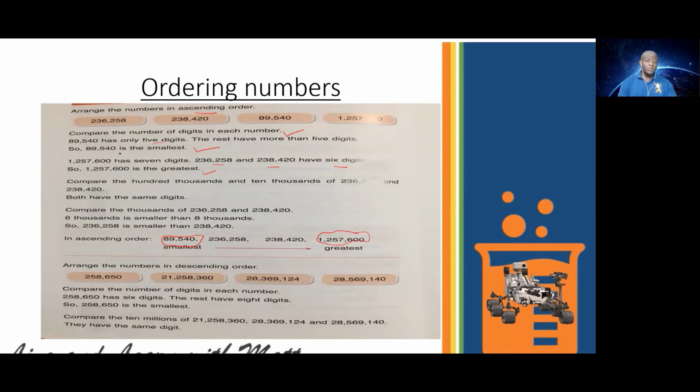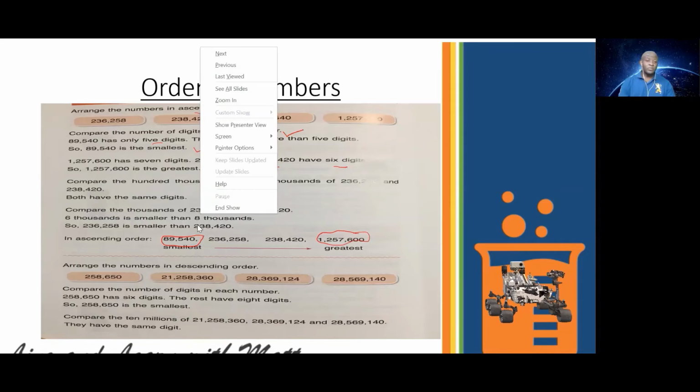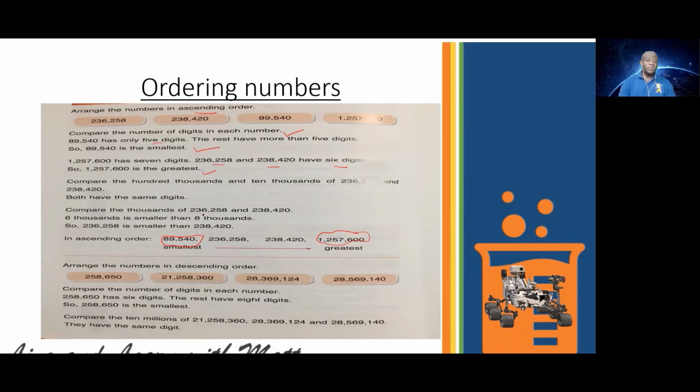Compare the thousands of this number and this number. 6,000 is smaller than 8,000. So we say 236,258 is smaller than 238,420.